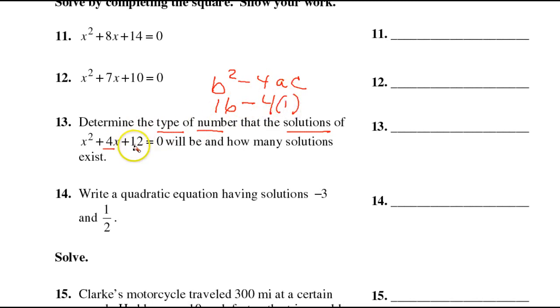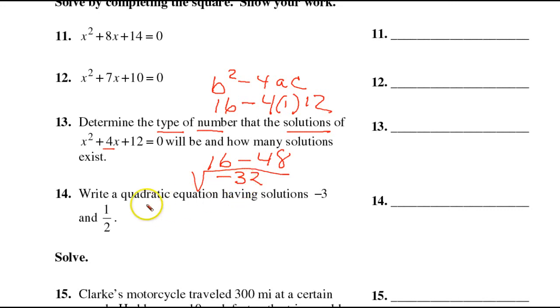And our c is 12. So we then get 16 minus 48. So we get a -32 under the radical sign. So we're going to get 2 imaginary number solutions that are irrational.